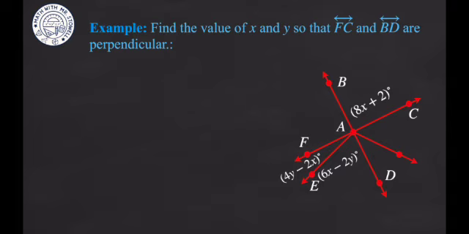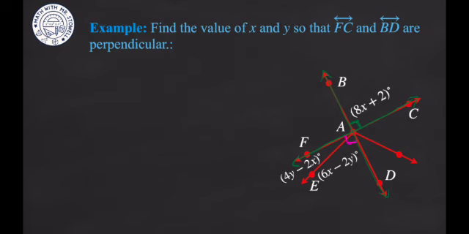Okay, so it's telling us we want line F to C and line B to D. So this line here, F to C and B to D, we want these two lines to be perpendicular to each other. So in other words, we need this to be a 90-degree angle. Then we need this other angle over here, the sum of those two angles, to be 90 degrees. If they're perpendicular, it's going to be 90 degrees.